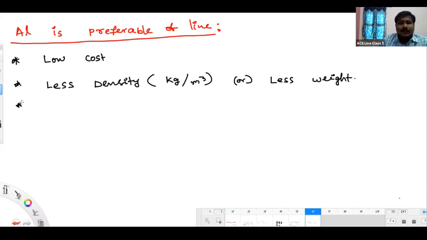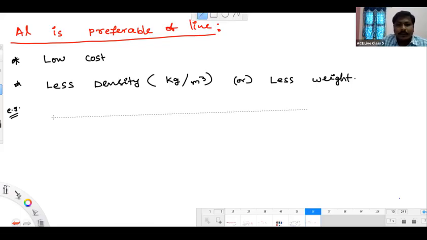Next thing. To say about the next advantage here, I will be discussing one small topic. To write the third one, before writing the third one, a small basic topic I am going to discuss. Just listen. See, what is the resistance formula for a conductor? I will show the conductor to you.